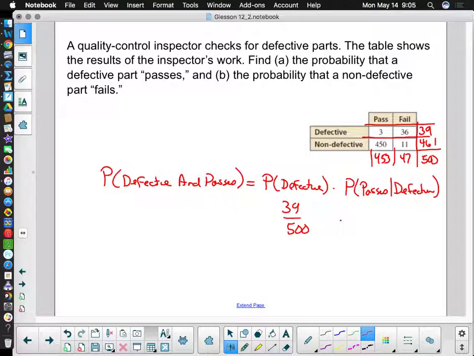The probability of passing given defective is 3 out of 39. So if you randomly pick a part that is defective and it passes, the probability is simply 3 out of 500.